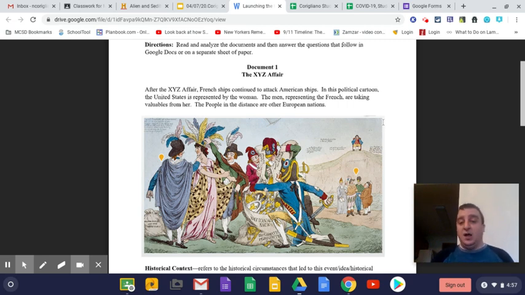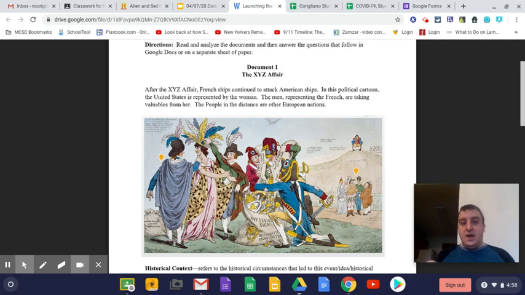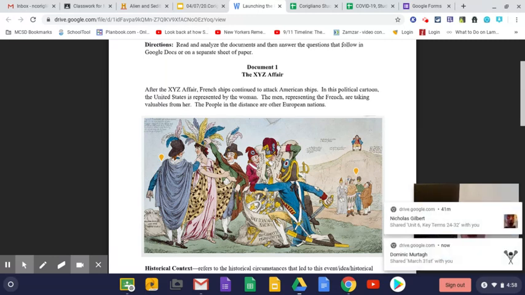And as a result of Adams trying to do that, we have the event known as the XYZ Affair. And it is illustrated in the political cartoon of document 1, where we know that during the XYZ Affair, the French tried to force the United States to pay a bribe and give the French a $10 million loan.